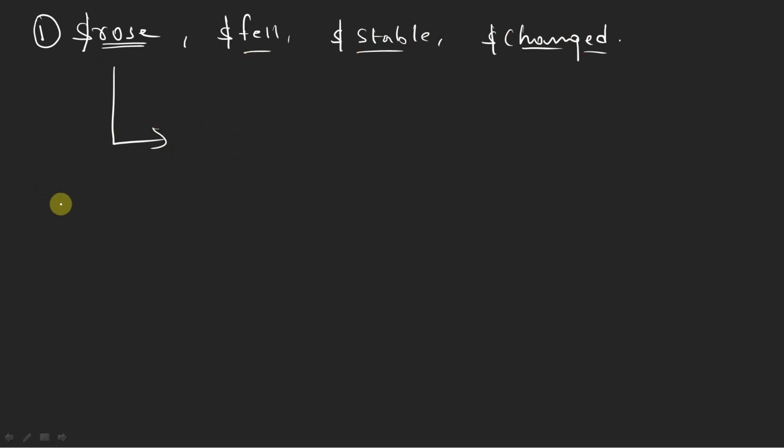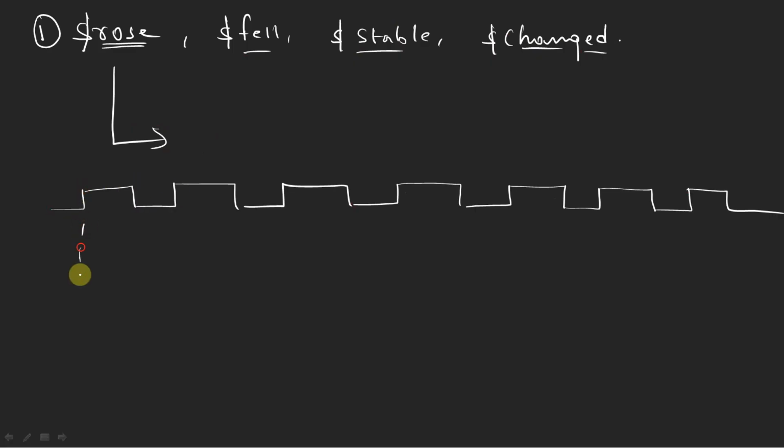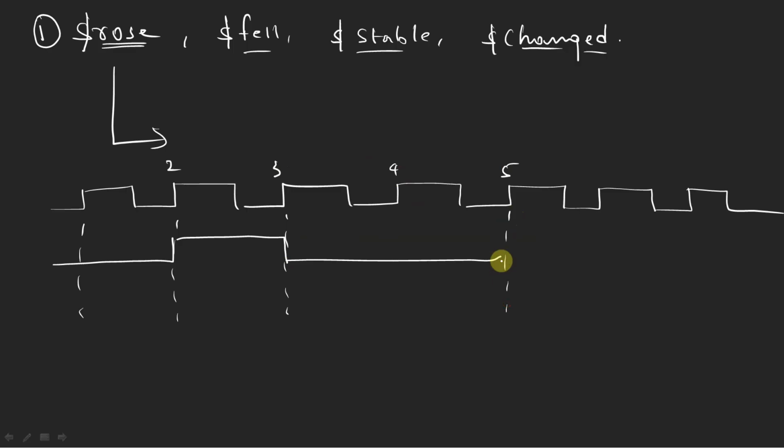Before that, we will draw a simple clock for this, and this is our clock. At the second edge of clock, my signal is becoming 1, and the third, 4 and 5, here also it is becoming 1, and let's say this is 6, 7. Let's say our signal is becoming 1 again and 0.